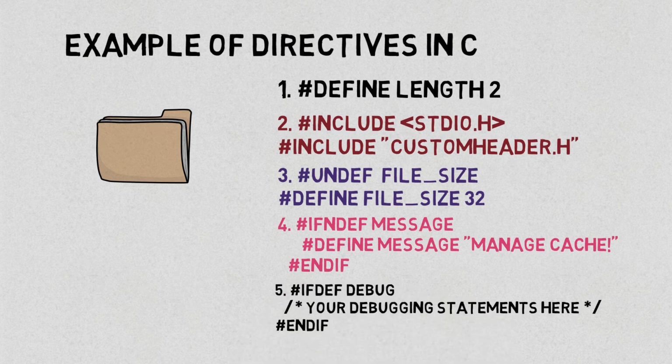Next, using #ifdef DEBUG, with the debug keyword you can turn on the debug flag during compilation, and due to this you can compile all the statements which you have kept inside the #ifdef and #endif.